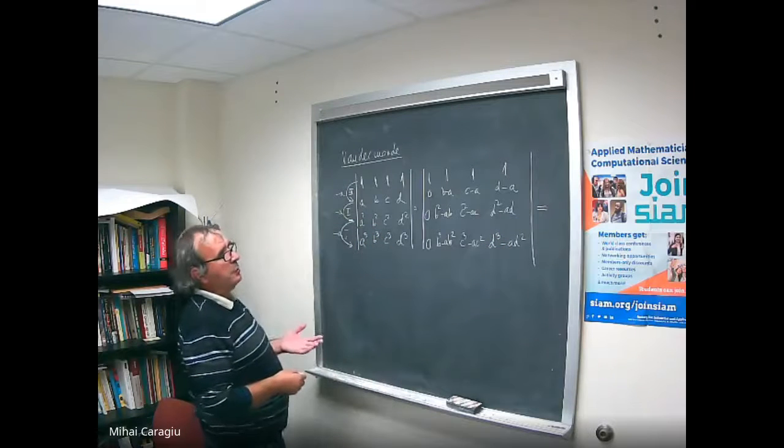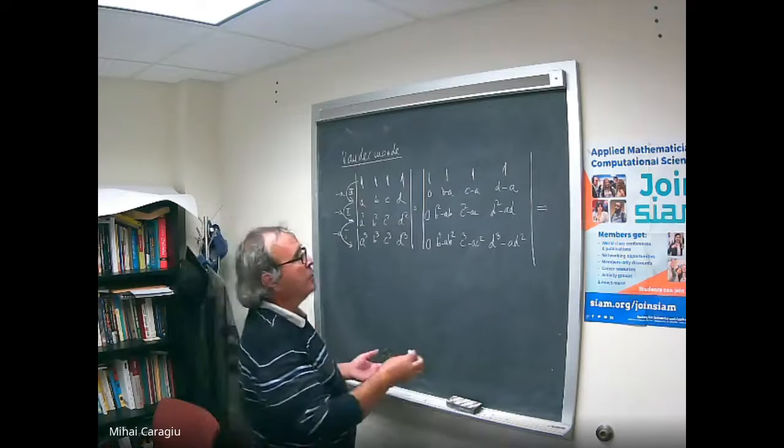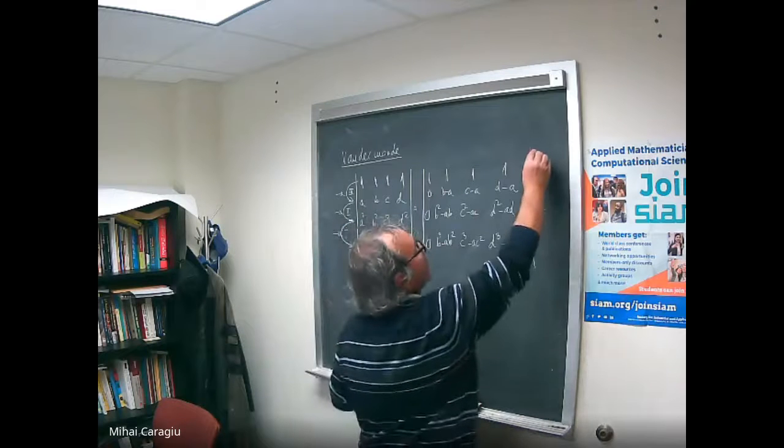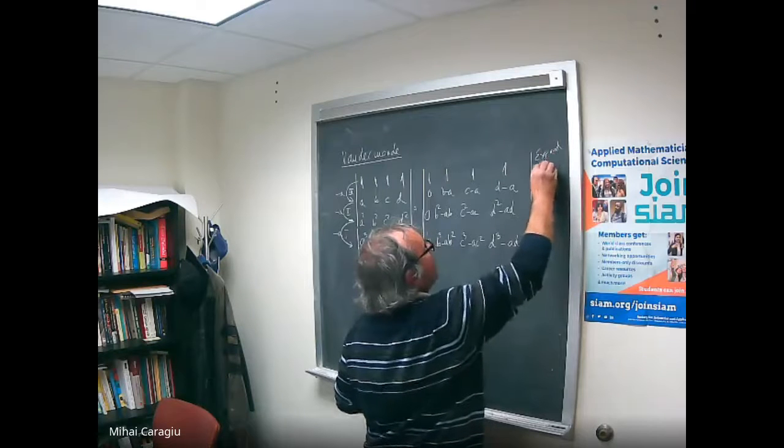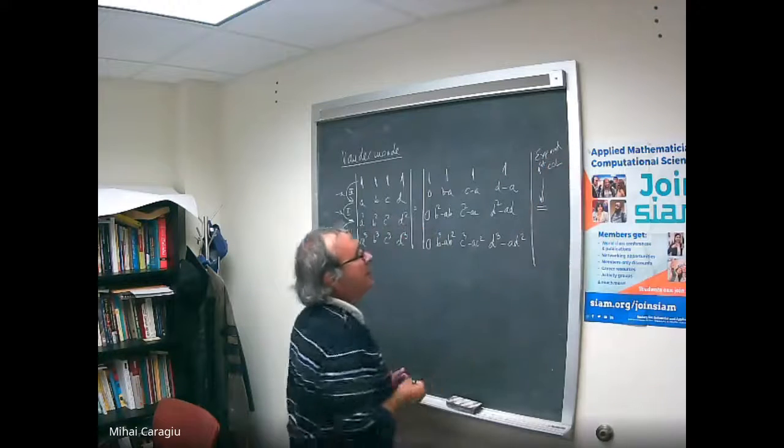Now, since we got a column with many zeros, we expand along the first column.